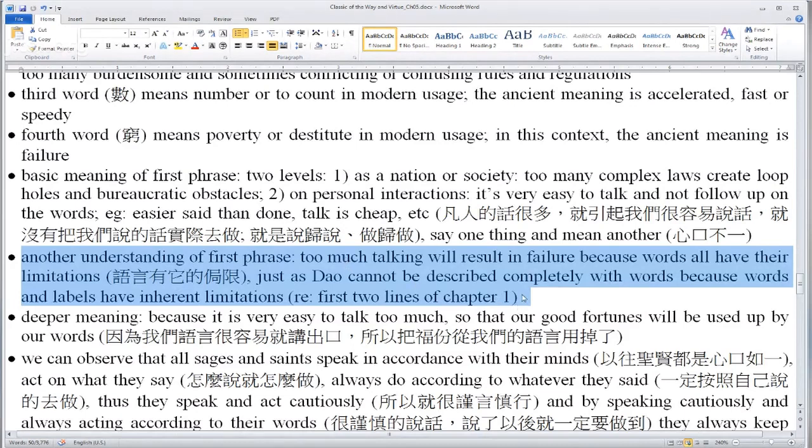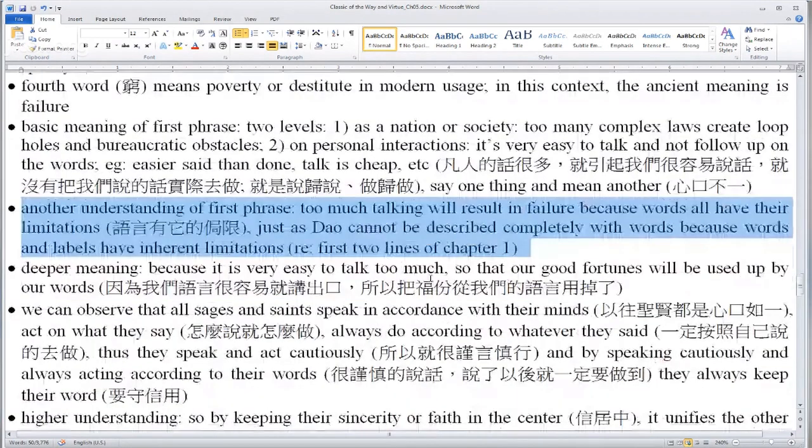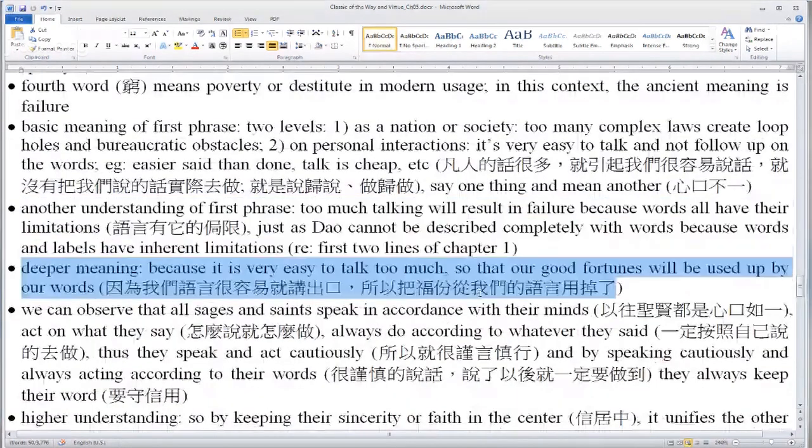So the deeper meaning is, because it is very easy to talk too much, our good fortunes will be used up by our words. 因为我们语言很容易就讲出口, it's easy to talk. 所以把部分福报从我们的语言用掉.